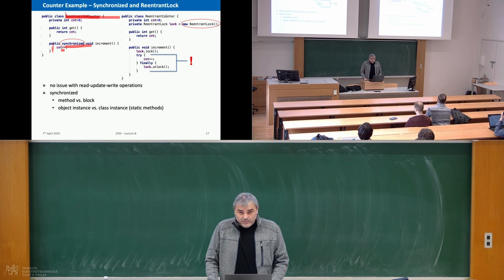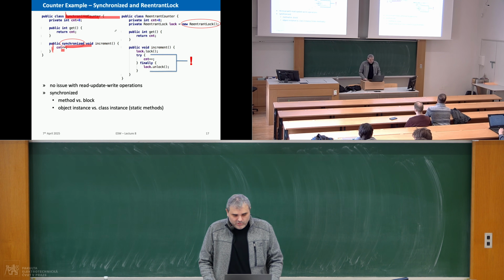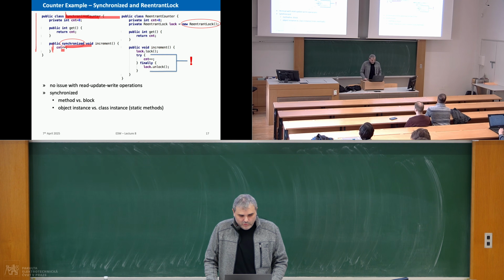On the other hand, you can use reentrant locks. There are some benefits to using reentrant locks. I will talk about these benefits later, but in order to rewrite this code using reentrant locks, you can use this pattern.